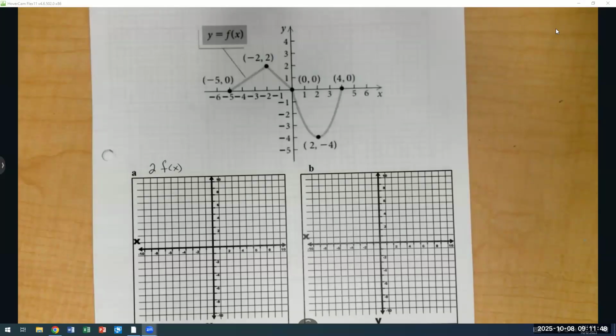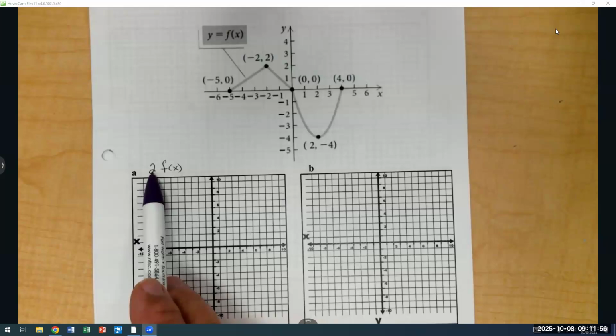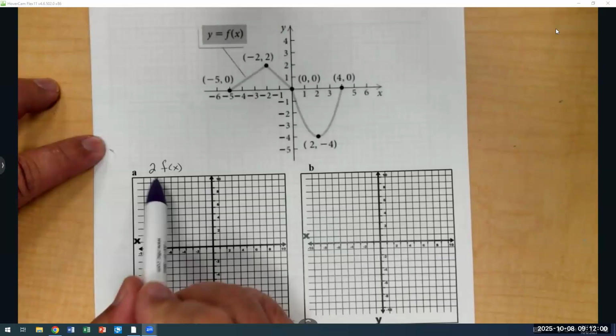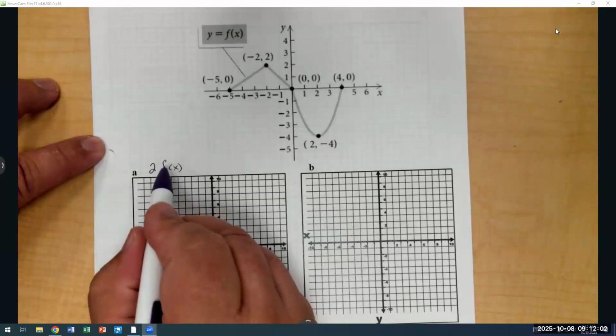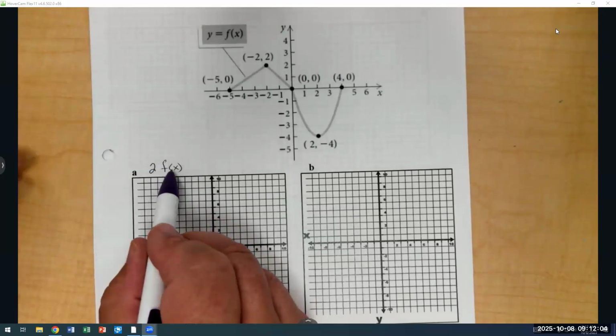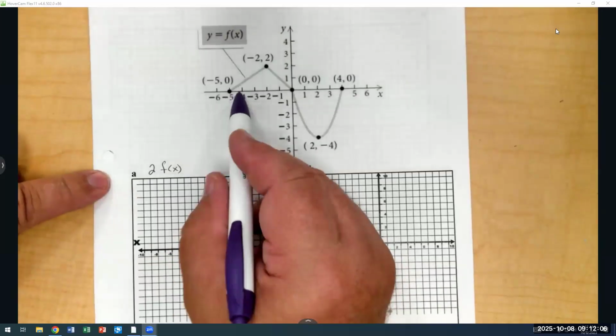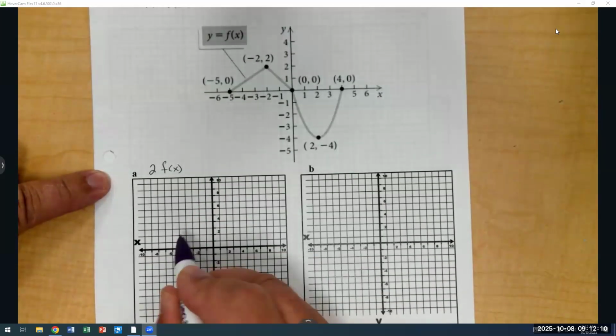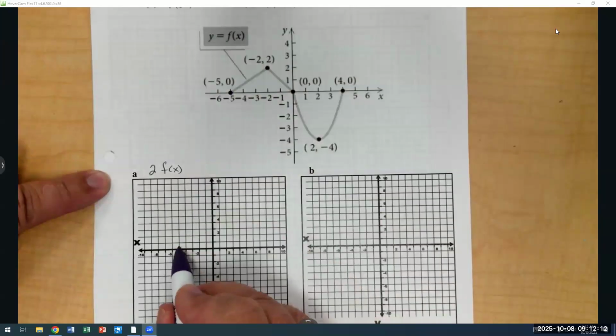So what does it do to the y values? It multiplies them by 2. So all my y values I multiply by 2. In the first one, we have negative 5, 0. So that stays at negative 5, 0. 0 times 2 is 0.